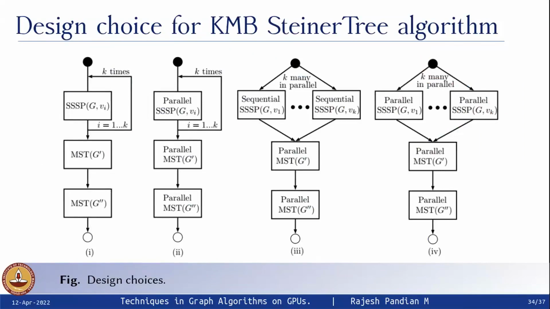Here I'll touch upon an algorithm for Steiner tree. Let's look at the left-hand side of the figure, which is basically running SSSP k times one after the other, and based on the computation of that SSSP, we create a graph G prime, and we run MST on G prime, and based on the output of G prime, we compute MST on G double prime.